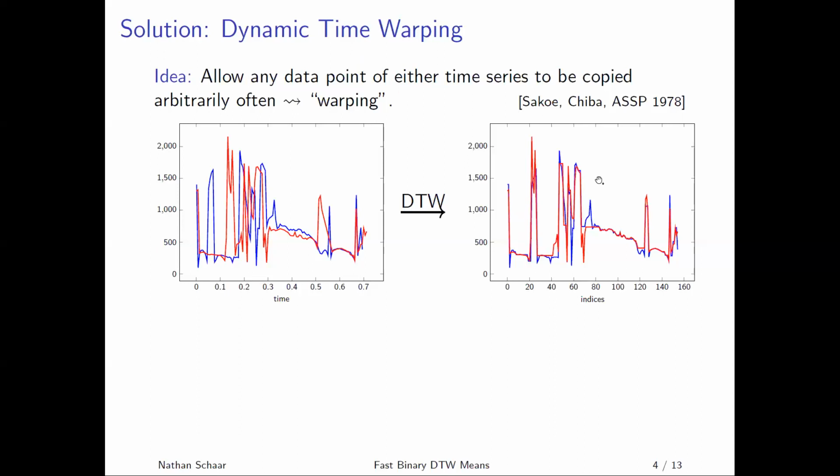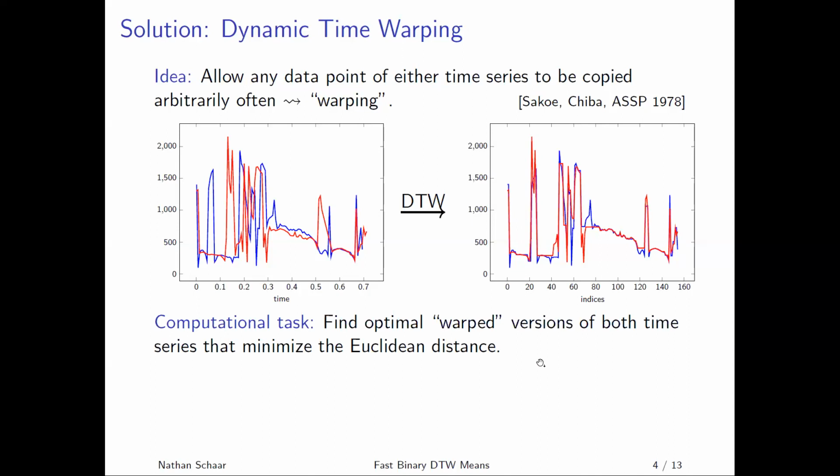The computational task for this problem is to find the warped version that minimizes the Euclidean distance. This can be done in quadratic time with a simple dynamic programming algorithm. In practice, this is done almost linearly when we allow some error.